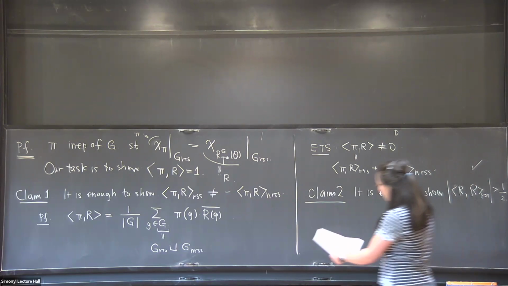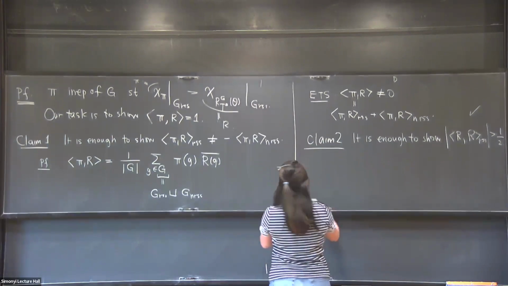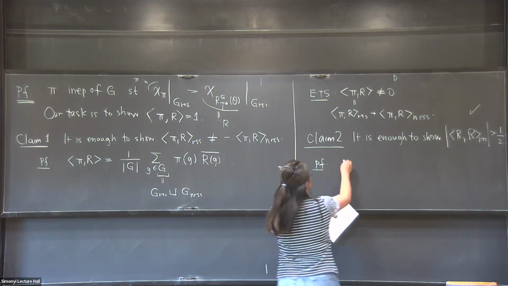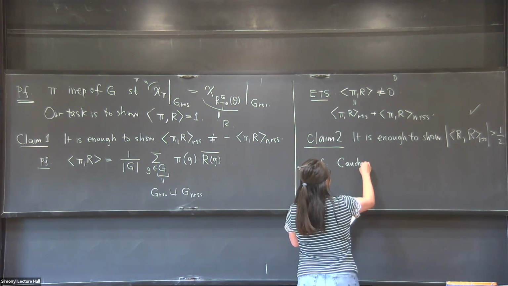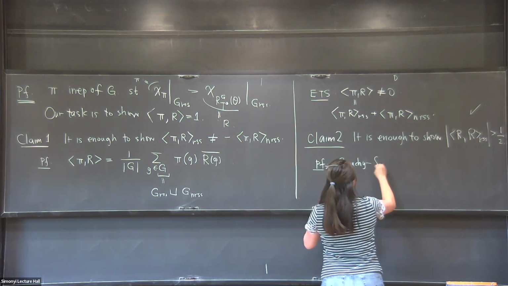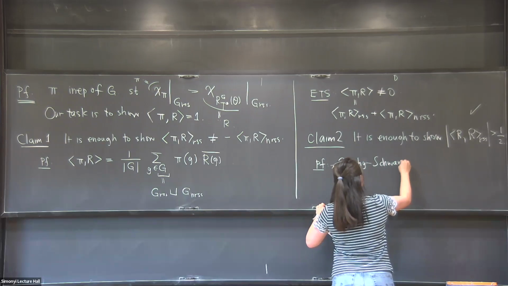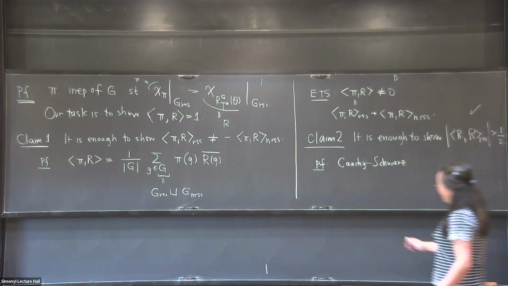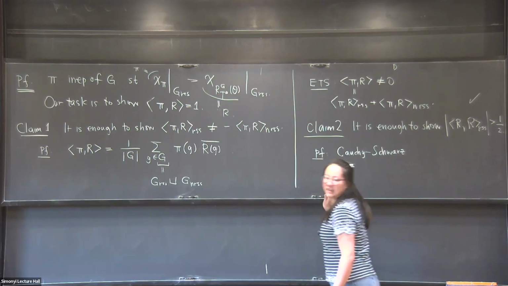We use Cauchy-Schwarz. As promised, yeah? So the Cauchy-Schwarz inequality is something like 200 years old. And the second line of Wikipedia says it's maybe the most important inequality in mathematics. And it's very general.